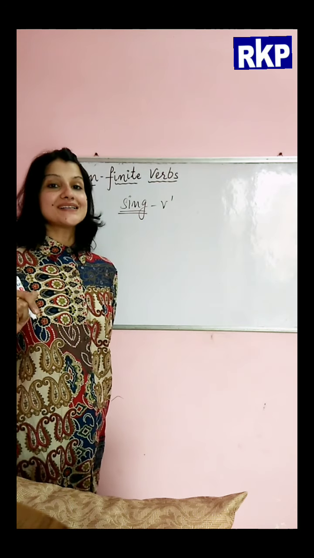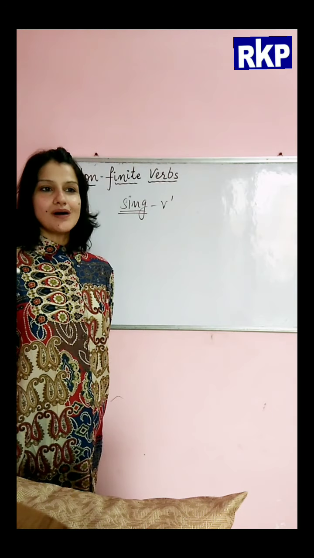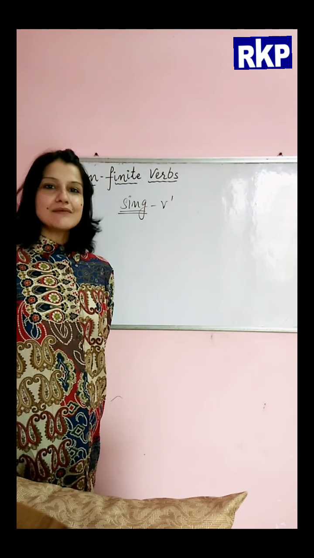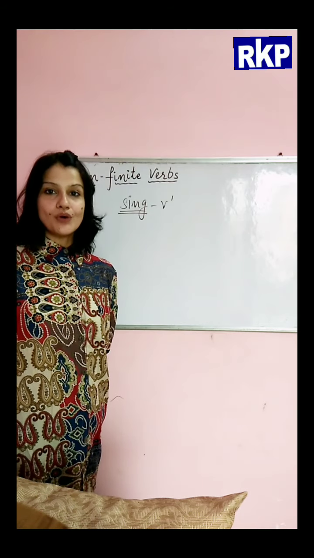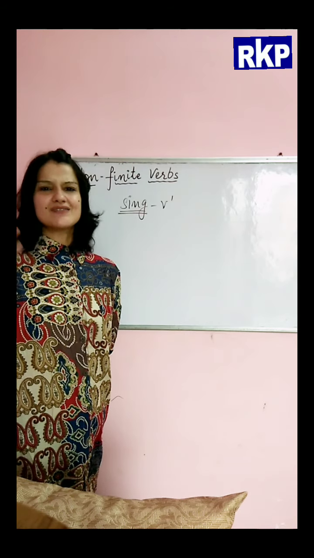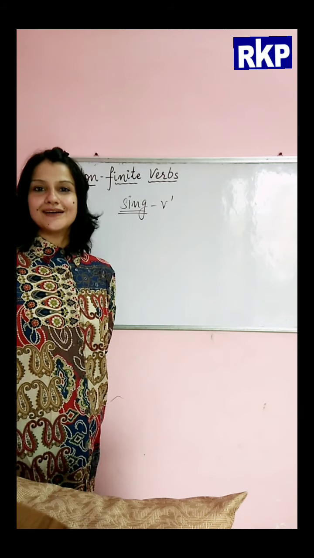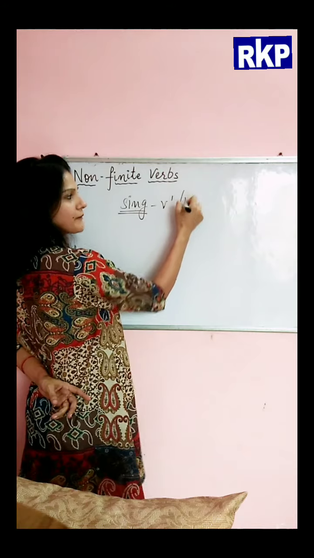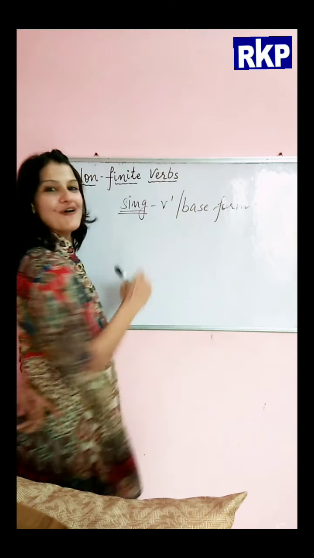It's very important that you know all the related words. So at some point of time, if you come through such words in a book, you don't get confused that what is this thing, we haven't read anything about that earlier. Okay, so this is called base form of verb also. Okay, base form.